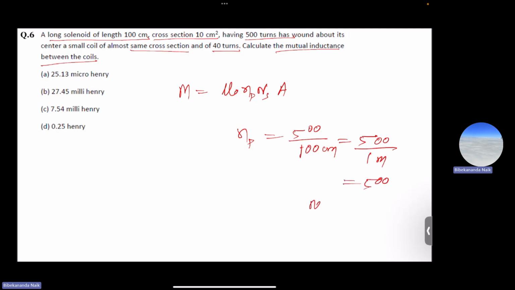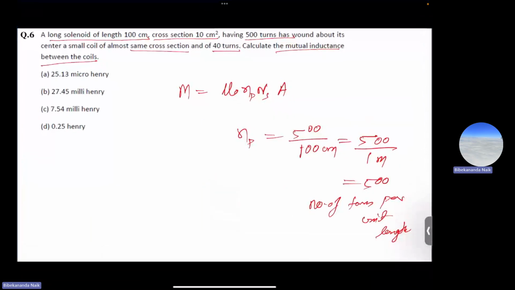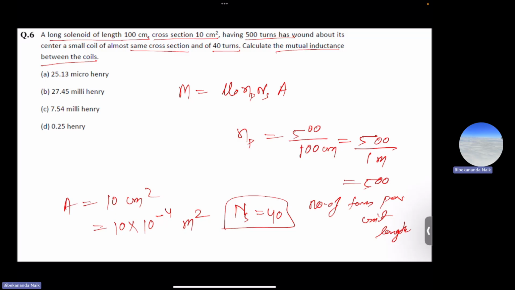So this is the number of turns per unit length, and NS is the total number of turns in the secondary coil, which is 40, and area A is 10 centimeter square, that implies 10 into 10 to the power minus 4 meter square, which is equal to 10 to the power minus 3 meter square.